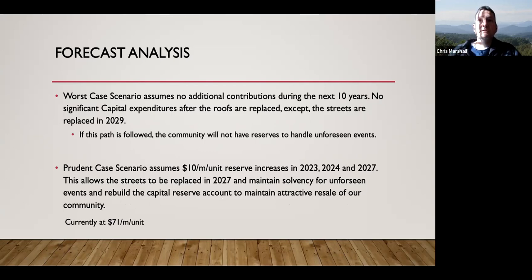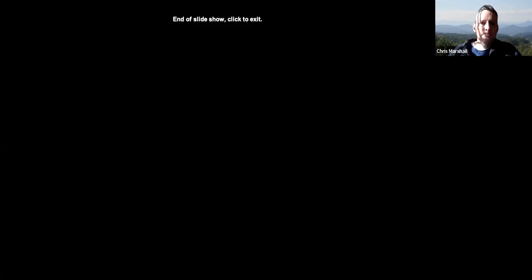When people are looking to buy into this community, they do look at the capital reserve account to see if we are solvent and if we're ready for life's events that affect the community. So an appropriate level is needed in order to put our best foot forward as a community. So, food for thought there.